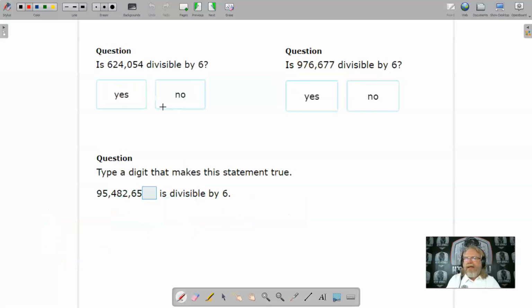Now we have the rule of 6. Remember, the rule of 6 is if 2 works and if 3 works, then 6 works. So rule of 2, even number. Good. It's an even number, so the rule for 2 checks off. What about the rule of 3? We need to add the digits together, right? So let's find some that go together well. Here we got 5 and 4 is 9.